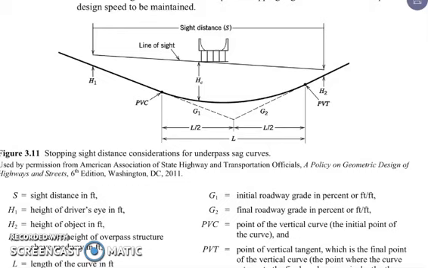So we have our PVC, the initial point of the curve. PVT is the final point of the curve. Drawing a tangent line from the initial grade and the final grade, you have your point of intersection, which is our PVI. So the total length, our L, is from PVC towards PVT. That is the total length of the curve.